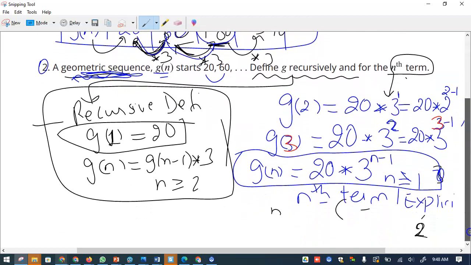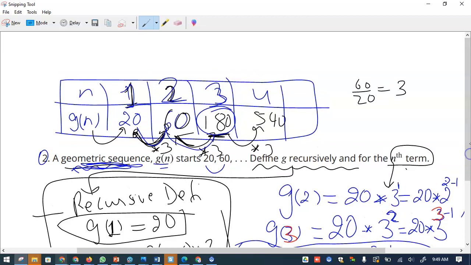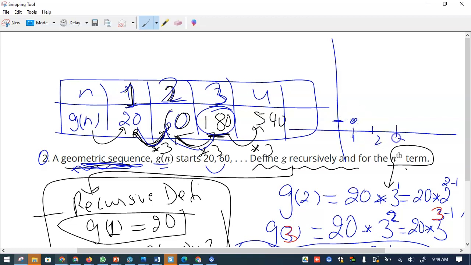You could also graph this, even though the question is not asked, and say, okay, start with 20 here. So this is 20. So the first one is 20, then 1, 2, 3, 4, and 5. And this is 20, 40, 60, like that.